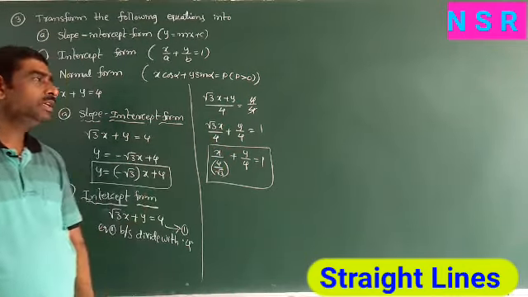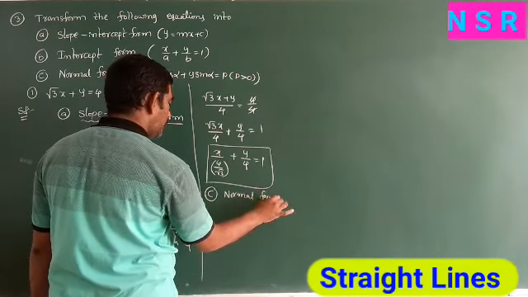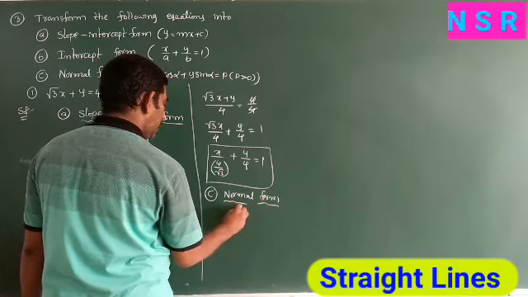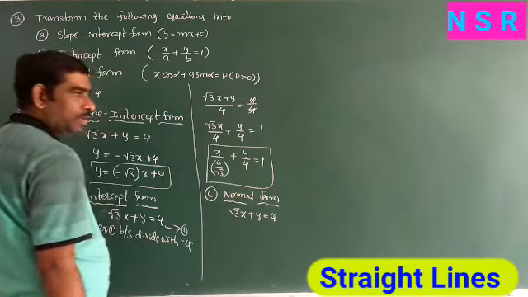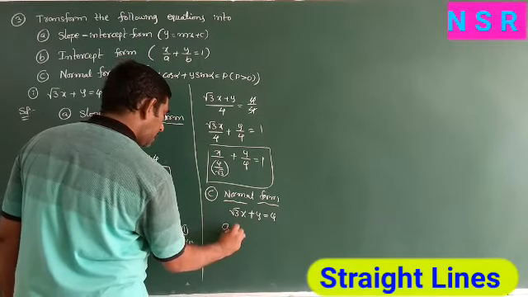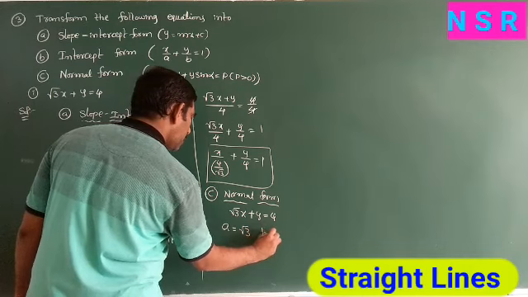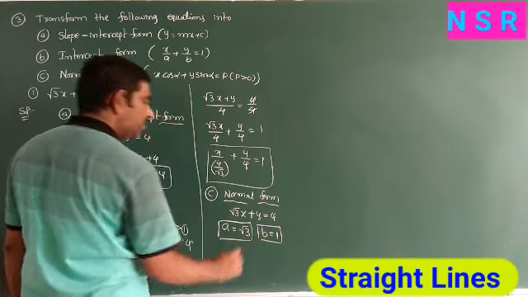Next, the third one is normal form. Here given root 3x plus y equal to 4. Compare this with ax plus by plus c. Here a equal to root 3 and b equal to 1. So how to change a straight line into normal form? First find the a and b values.